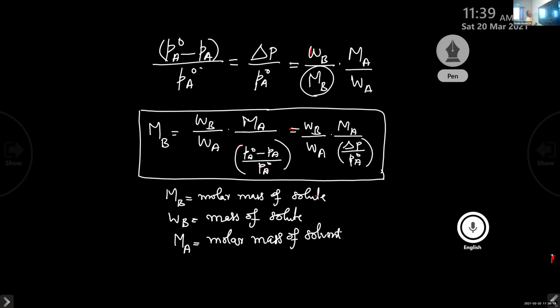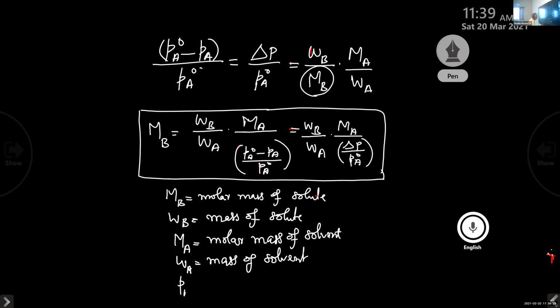Then WA, that is equal to the mass of solvent. Then what is PA0?